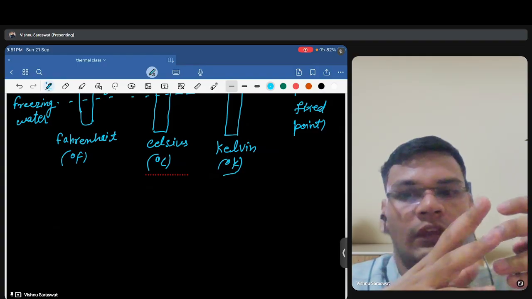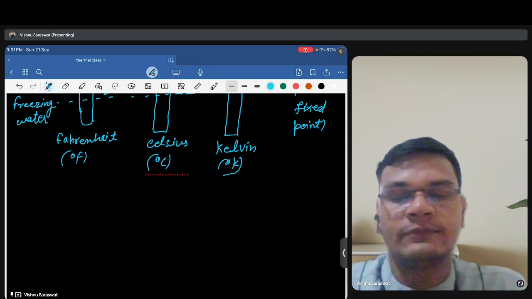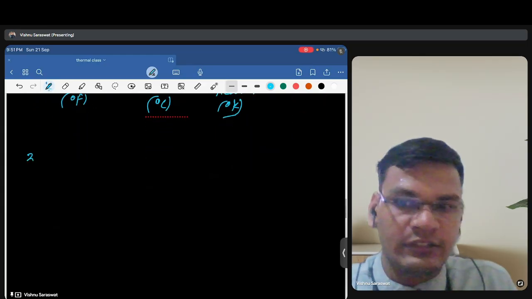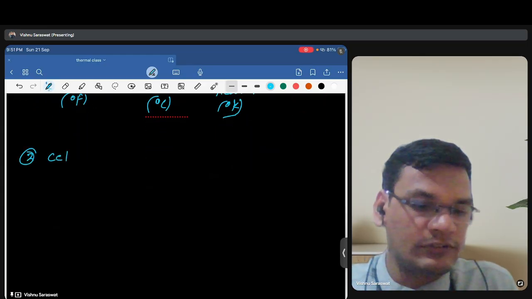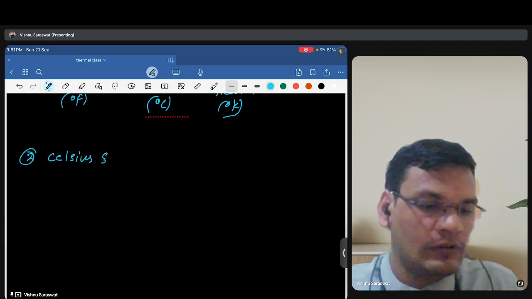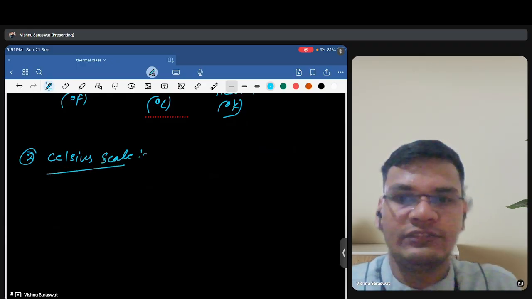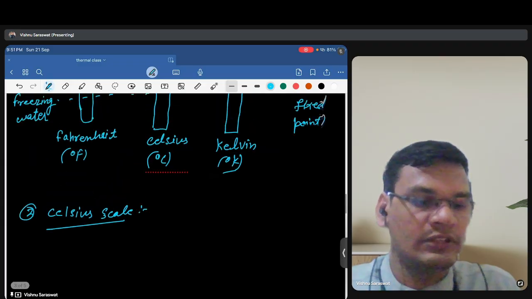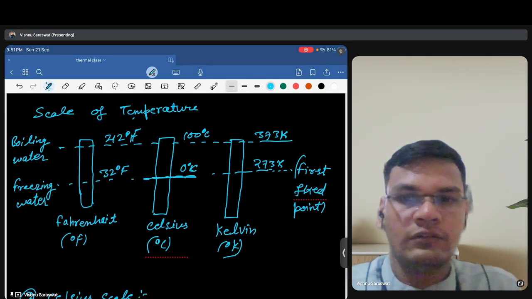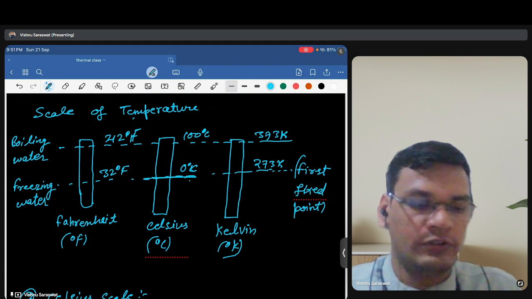So now we are explaining the Celsius scale. In the Celsius scale, the ice point is taken as 0 degrees Celsius, as I already told, and this is the lower fixed point.